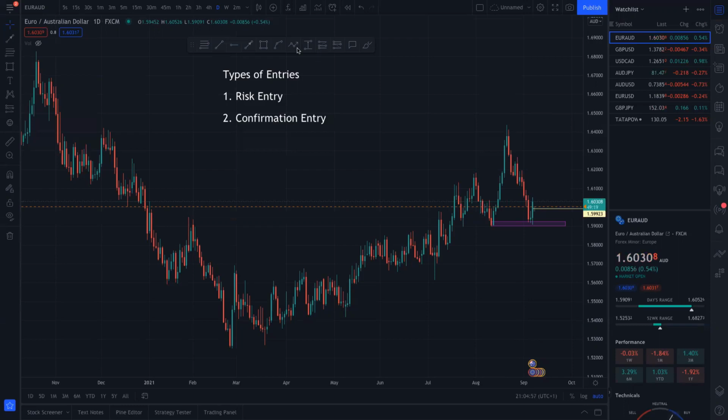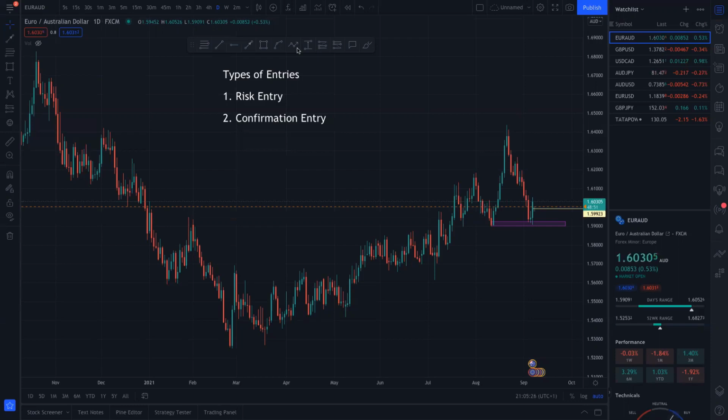Okay, so the benefit of the risk entry is if you don't have too much time on the chart and you're busy with your day job or whatever, you simply refine the order block, place the order, and forget it. That's the biggest benefit. The people who don't have too much time on the chart can use the risk entry.